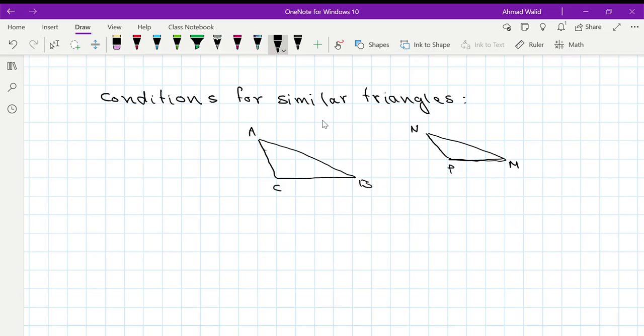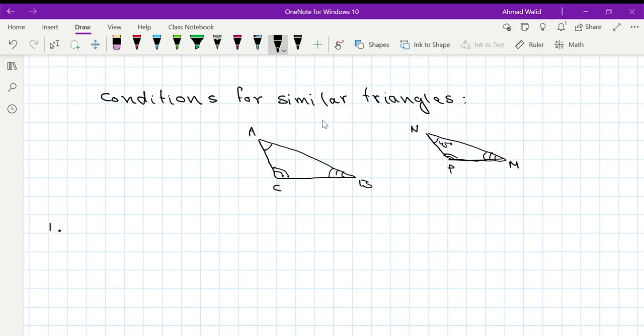First, if I name this angle 45 degrees, for example, angle A and N should be the same, correct? Angle C should be the same as angle P, and angle B should be the same as angle M, correct?